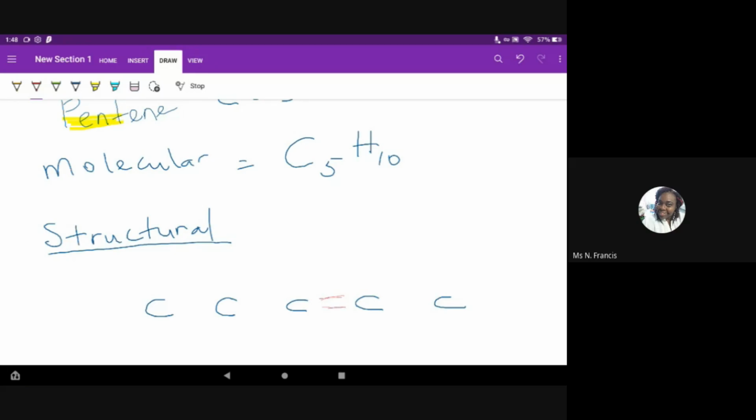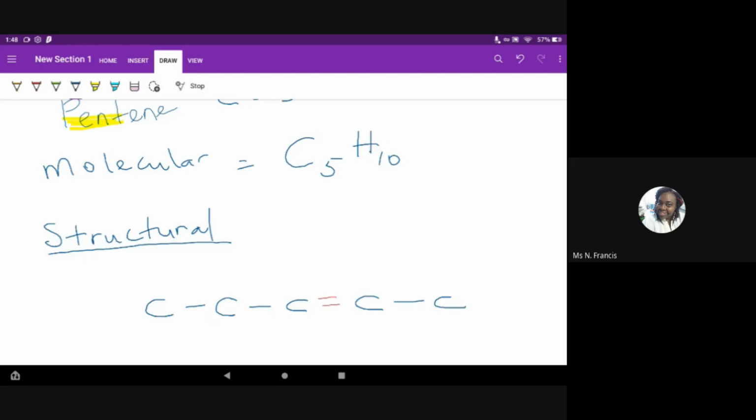Now I need to decide the bonds that will be available for my hydrogens to bond to around my carbon. All others will have single bonds in between. Remember that the single bond represents a bond between the 2 carbons there.